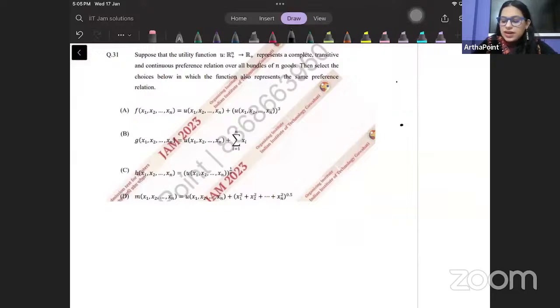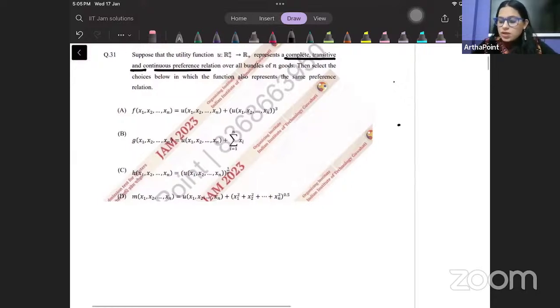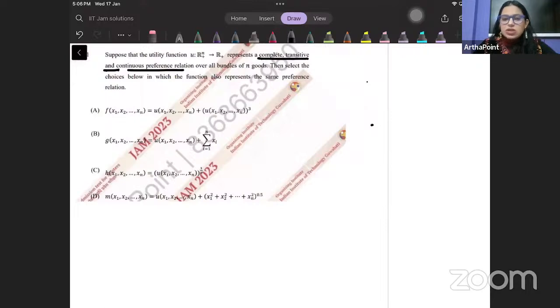It says, suppose that the utility function represents a complete, transitive and continuous preference relation. Sometimes in the exam, if you are not sure about a general utility function, it seems very difficult: what utility function should I assume, how do I approach this kind of question? You can always in your mind rewrite the utility function in a way which follows these properties.